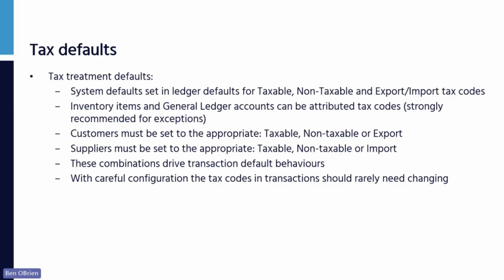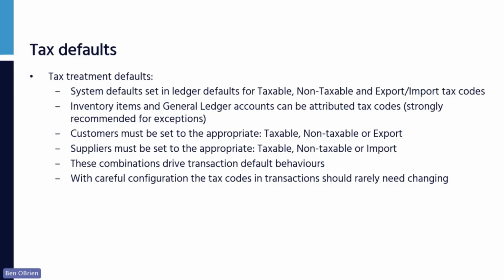And so there's different settings that can act as defaults, but then be overwritten as the transaction dictates. So there's system defaults in the ledgers for taxable, non-taxable, and the export-import tax codes. Inventory items themselves can be configured, and same with general ledger accounts.